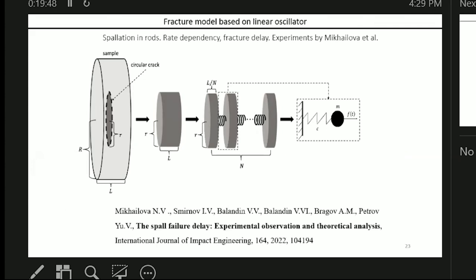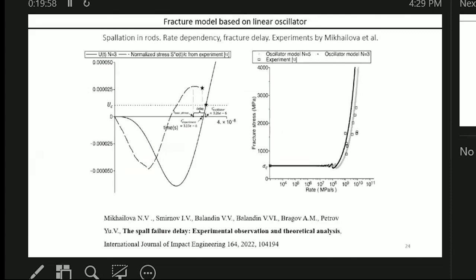We virtually cut our sample into little oscillators, and then again we considered the fracture of the oscillator instead of the sample. And again, we managed to adjust the mass and the stiffness parameters of the oscillator to simulate the strength-rate curve, and we even managed to capture this little fracture delay, which is discussed in this paper.